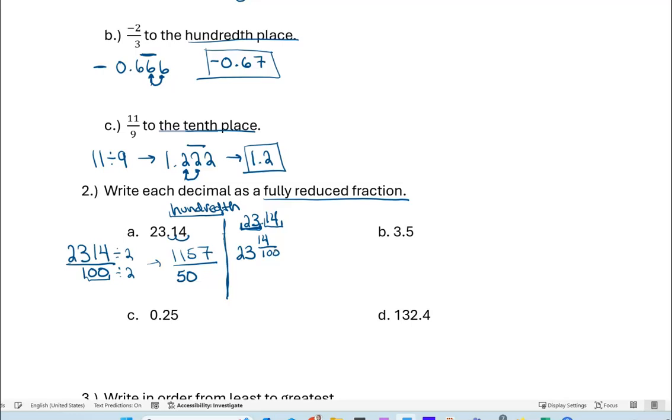Because it's just two places to the right of the decimal. Now I need to just pay attention to this portion of the number to fully reduce. In this case, both numerator and denominator are even, so I'm going to divide top and bottom by 2. I get 23 and 7/50ths. And that is my final answer.